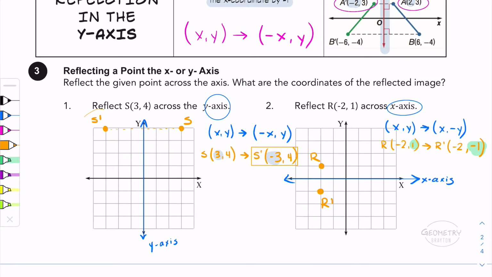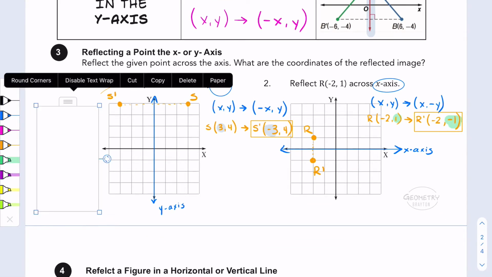The difference is your y coordinate became negative. You could also check the distance. R is 1 point above the x-axis, R prime is 1 point below the x-axis. So you can always check to make sure that the rule of the same distance applies, but make sure you also understand what the actual reflection across the x and y axis stands for.